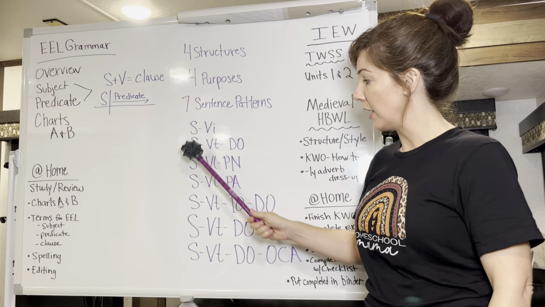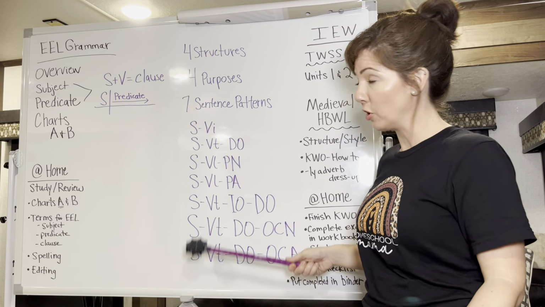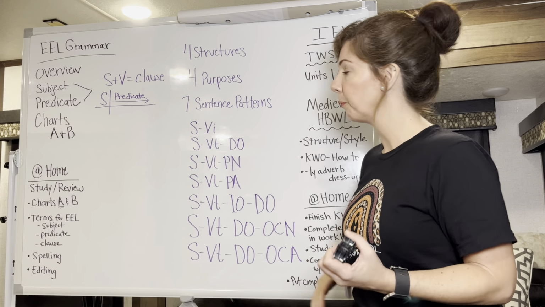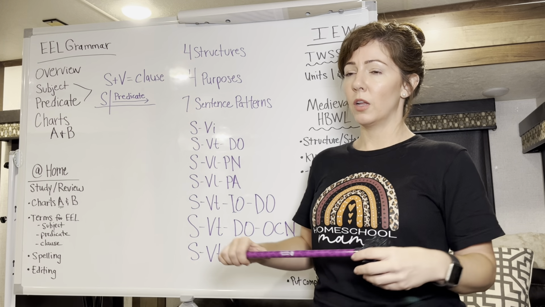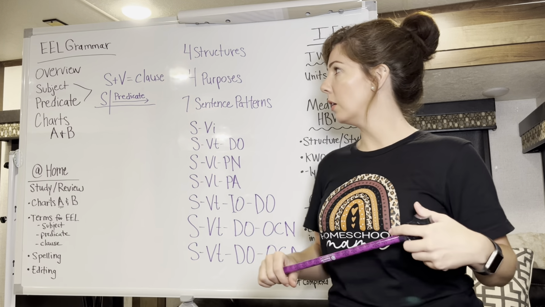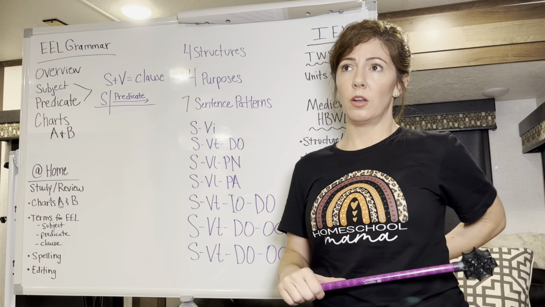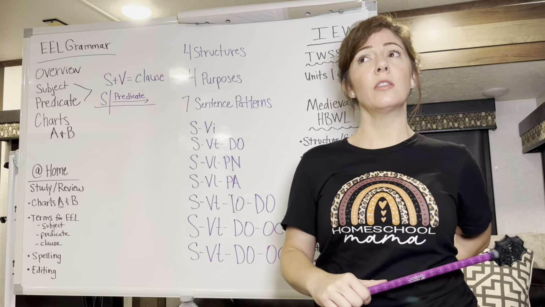There's a subject, just S, you may have guessed, this is our subject, and then the V is our verb. We'll get into the rest later, but we're going to learn a little ditty, a little tune to sing our 7 sentence patterns. It just helps so much. I've enjoyed that a lot with classical conversations.